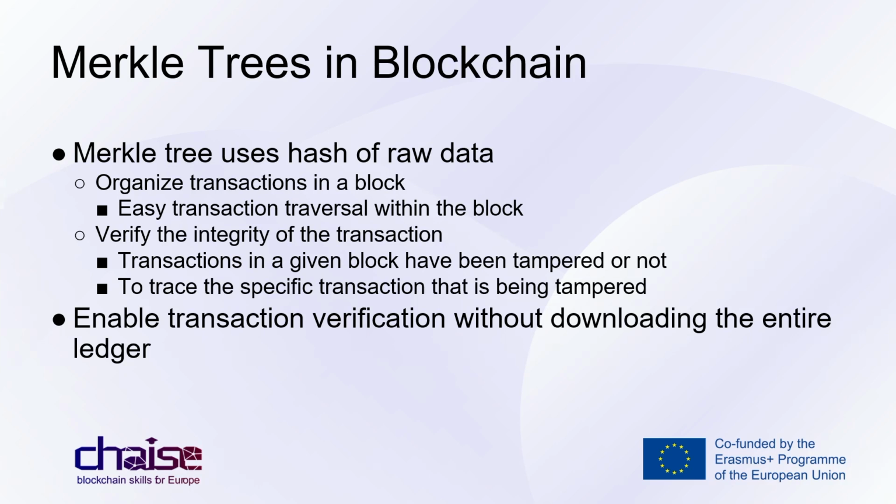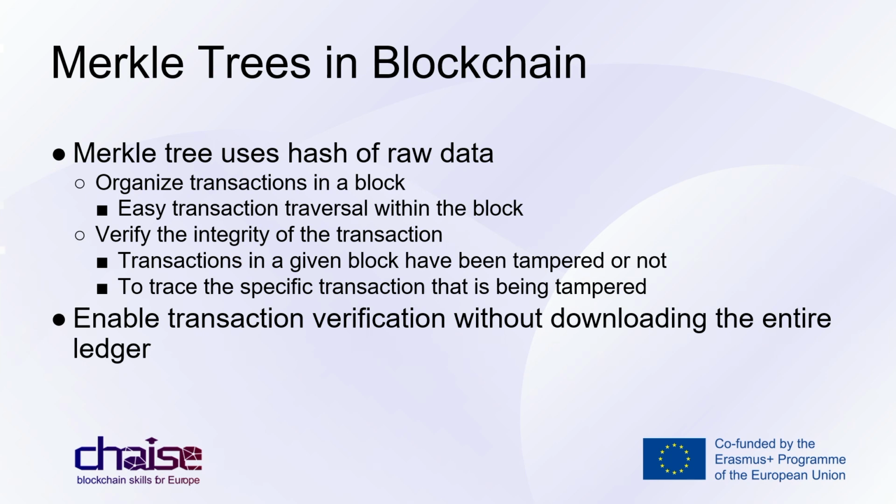The Merkle root is simply the root or top node of a Merkle tree, meaning it represents a hash output of the combined hashes of the left and right subtrees. So, Merkle trees in blockchain organize transactions in a block and verify the integrity of the transactions.